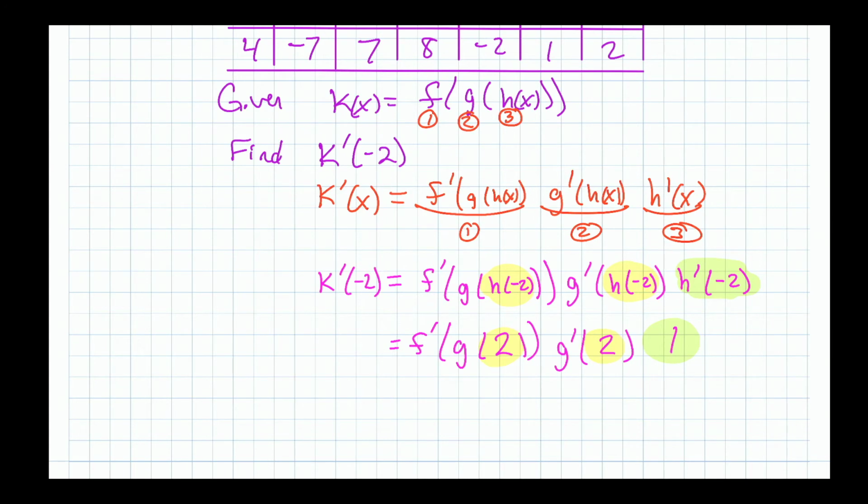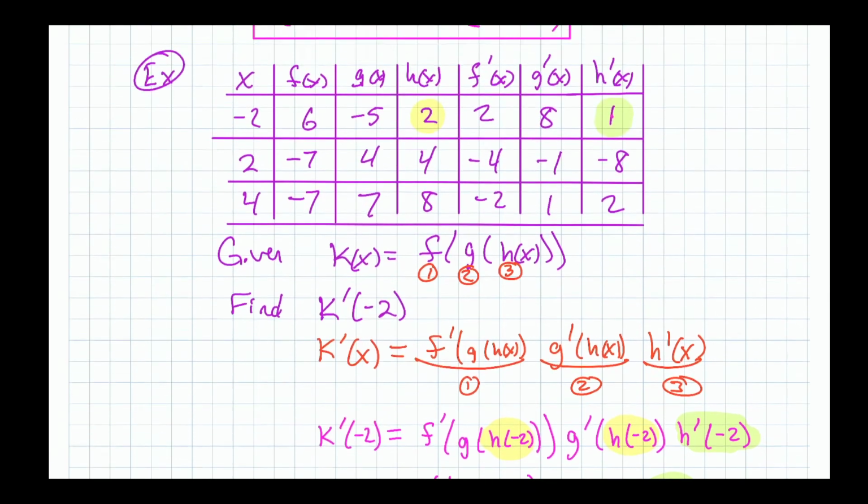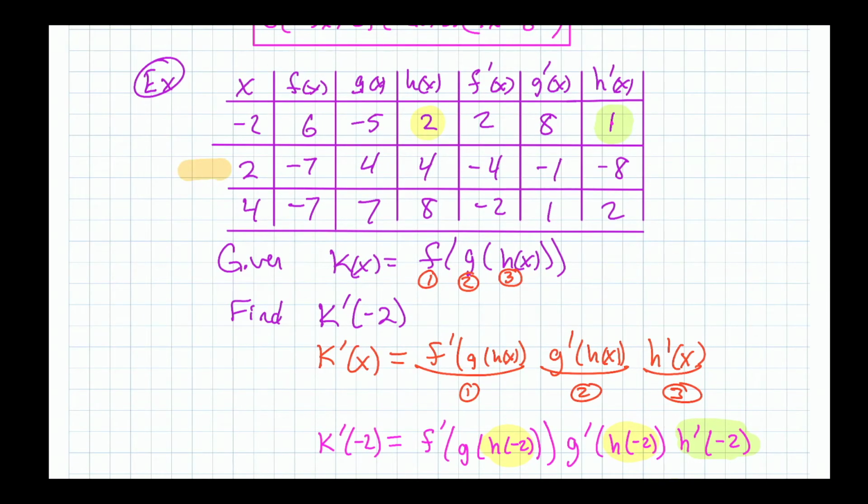Okay, well now you want two things. You want this, we can look this up, and also this, we can look this up. So we can look up both of those things that I underlined. So we're going to have f prime of g of 2. Well, what's g of 2? We find 2 right here.